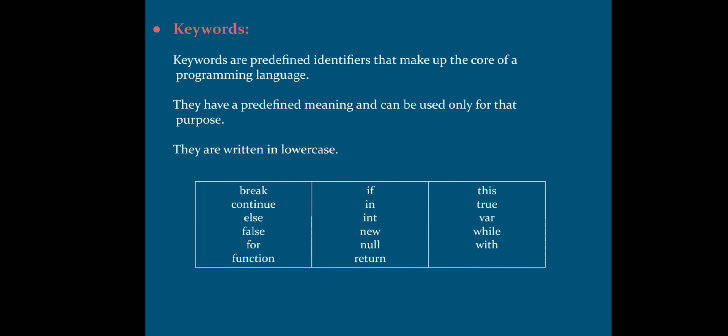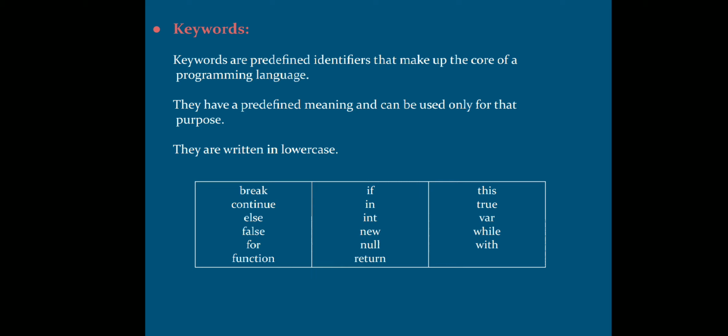Next is keywords. A keyword is also known as a reserved word. All of you know that they have a predefined meaning in the system library and they can be used only for that purpose. As you well know, all the keywords are written in lowercase.